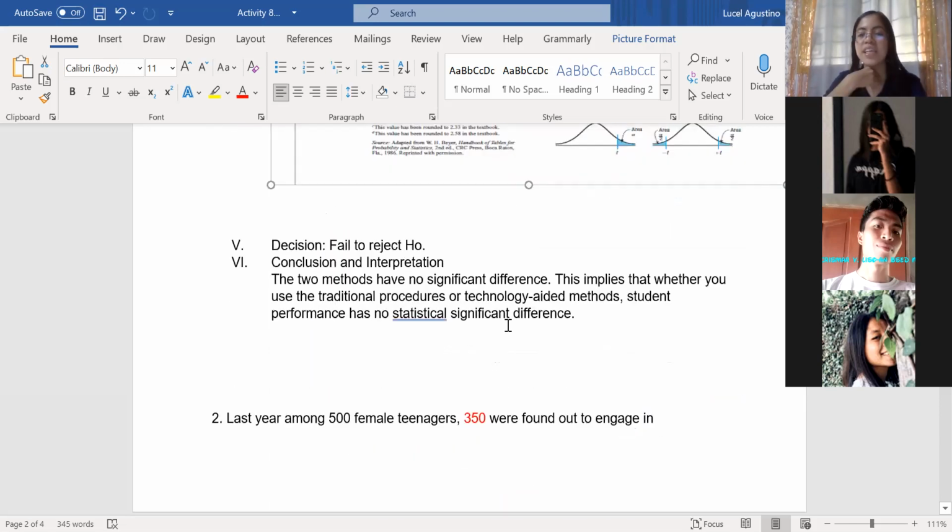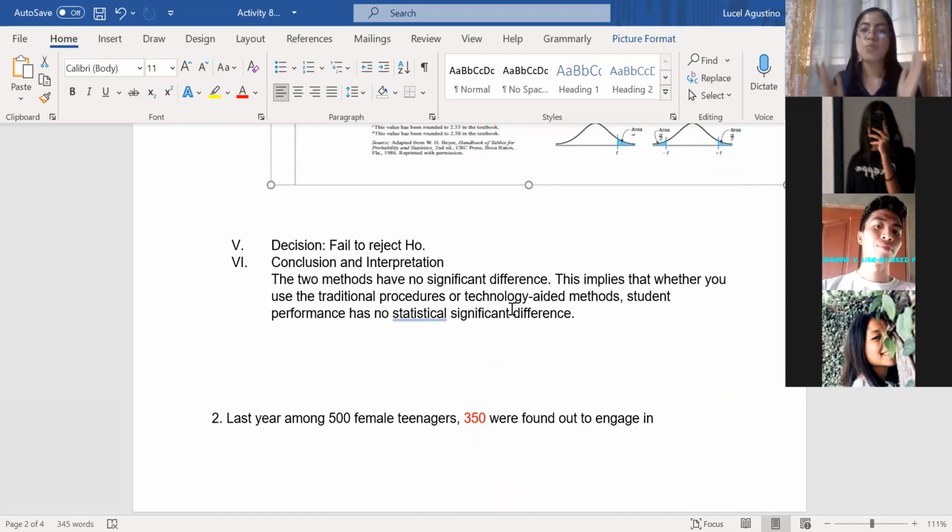After that, sa inyong mini research, you will just, for example, this one, the conclusion and interpretation, the two methods have no significant difference. This implies that whenever you use the traditional procedure or technology-aided method, students' performance has no statistical significant difference.